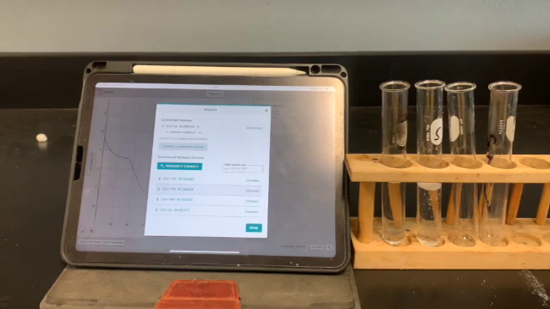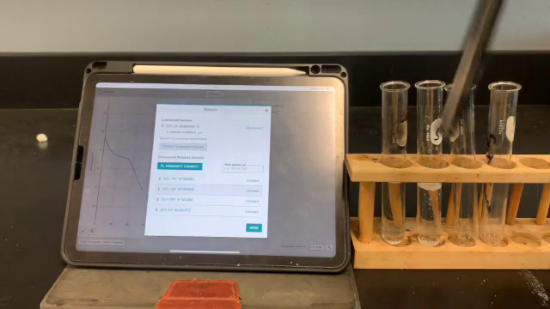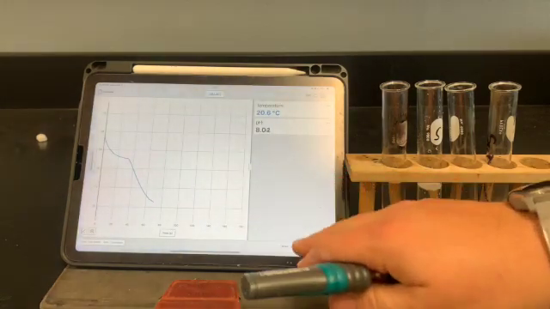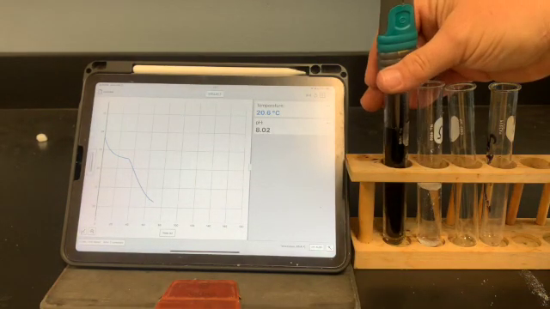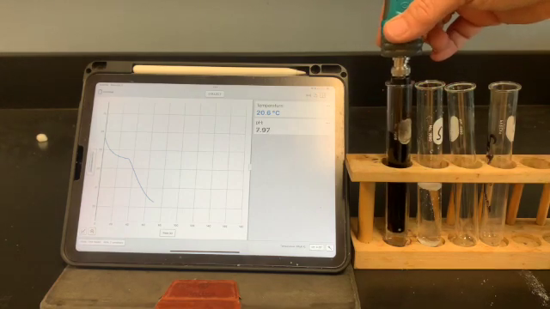So one of the last tests, besides the hydrochloric acid or the sodium hydroxide, is a pH test. And so I'm going to use my pH probe. I've got it connected. I'm going to say done. Again, I just need to know what my reading is. And I'm going to stick it in there, and I'm going to record what it has for pH.